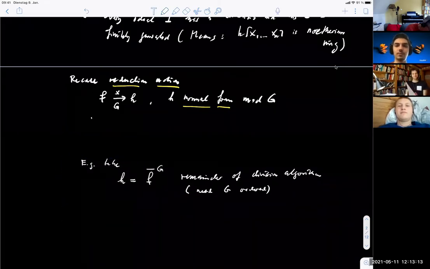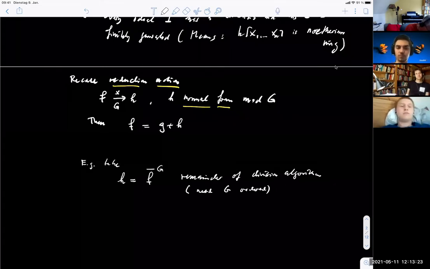So if F reduces to H, I can always decompose F as G plus H, and G is in the ideal. This is always possible. I hope you remember. When you reduce, you stay in the congruence class of the ideal.